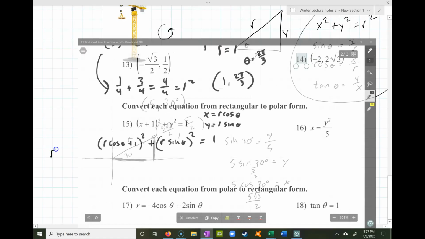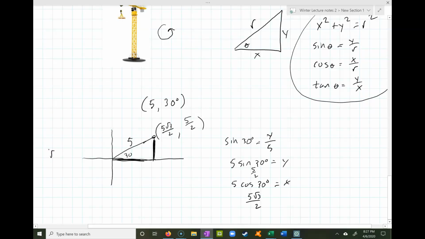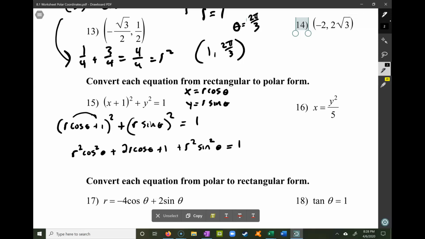And of course that would be r squared cosine squared theta plus 2r cosine theta plus 1 plus r squared sine squared theta equals 1. So I multiplied r cosine theta plus 1 times r cosine theta plus 1, and that's where I got this. Okay.